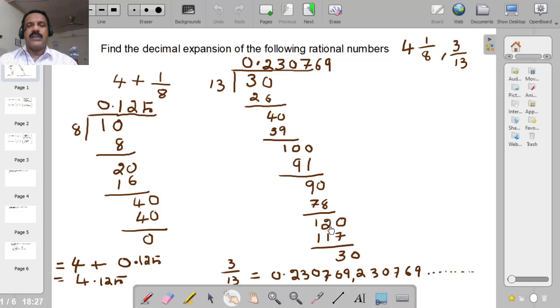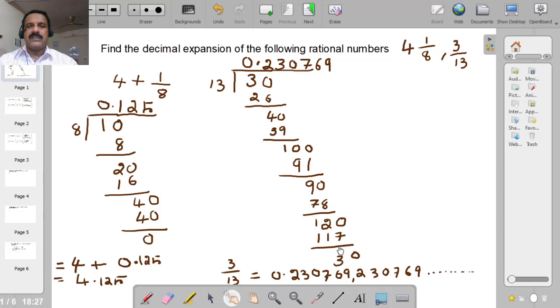And we cannot take a 13 from 12, so we'll be adding a 0, making it 120. And now we can take 9 13s from 120. 13 times 9 is 117. When we subtract 117 from 120, we get the remainder 3.